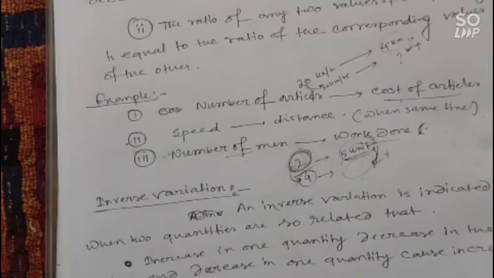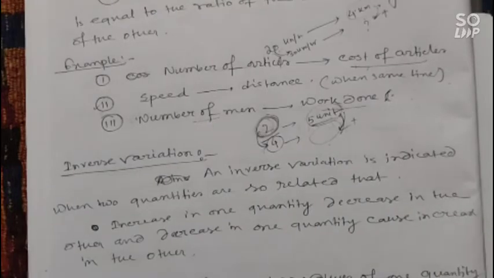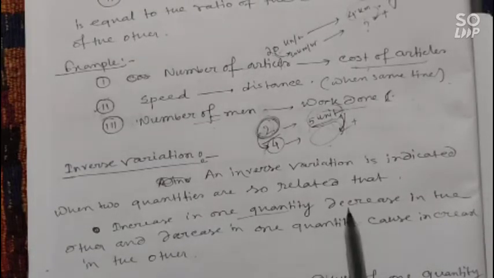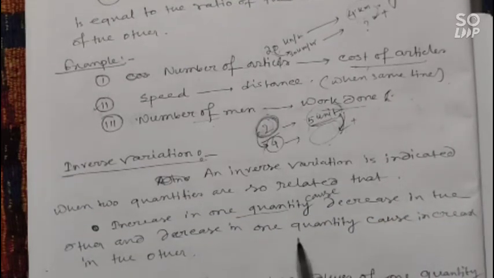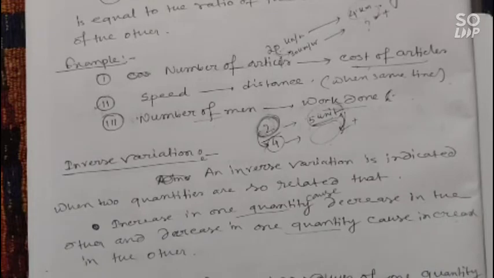Now let's come to inverse variation. Inverse variation is just the opposite of direct variation, and it is indicated when two quantities are so related that an increase in one quantity causes a decrease in the other, and a decrease in one quantity causes an increase in the other.